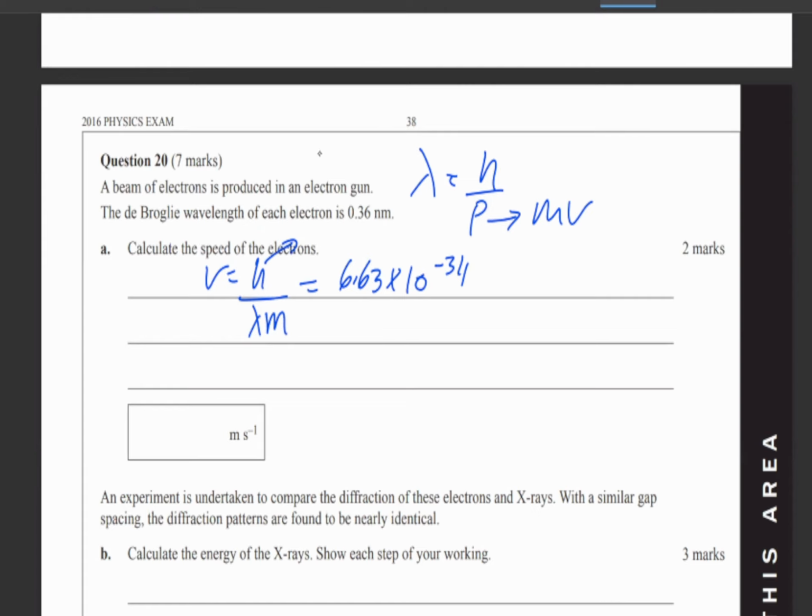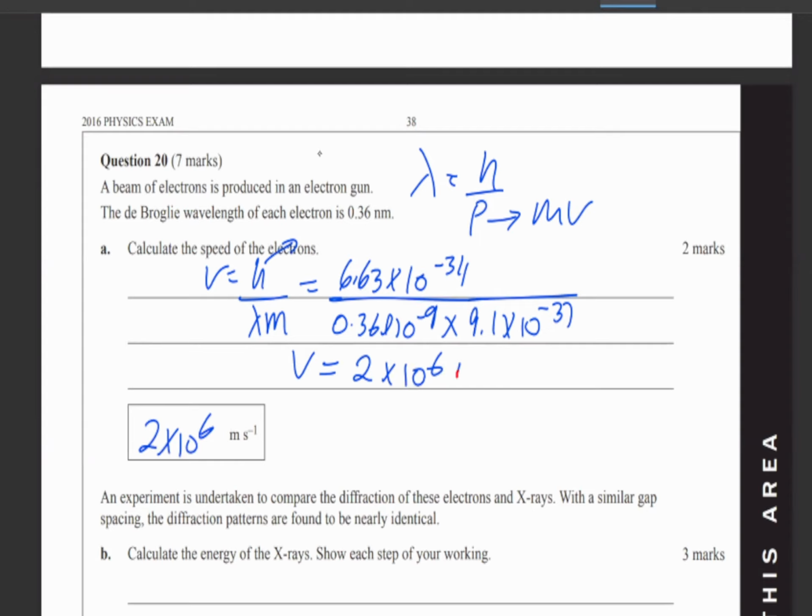So then this is 0.36 times 10 to the power negative 9 times the mass, which is 9.1 times 10 to the power negative 31, which is equal to 2 times 10 to the power 6 meters per second.